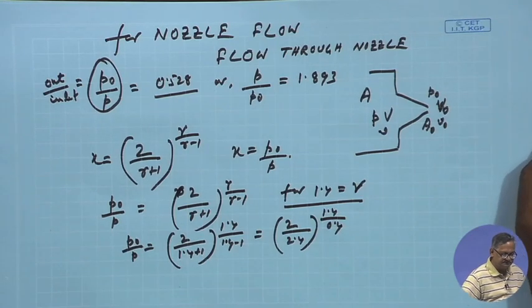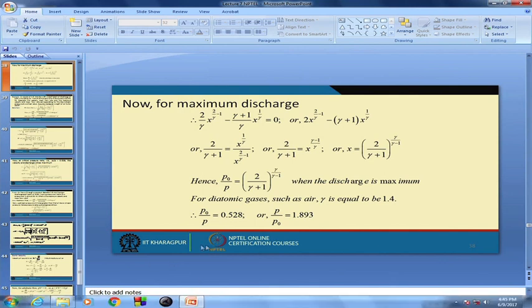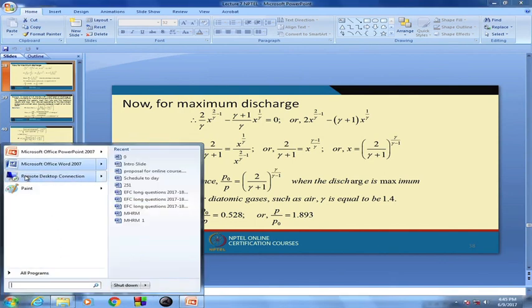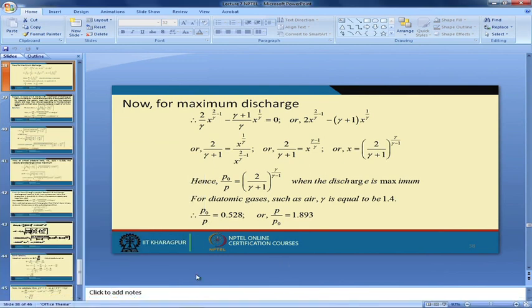If we look at the calculator, you are not getting the calculator here, right?